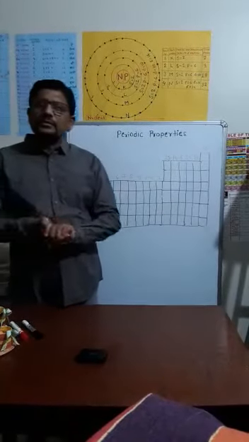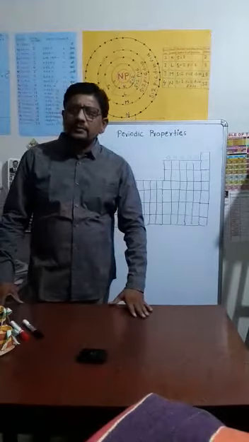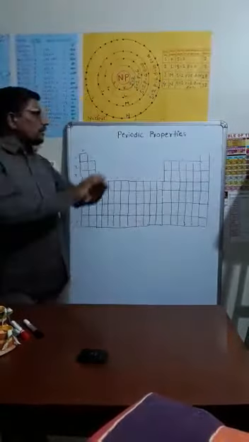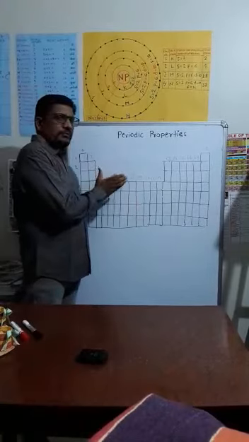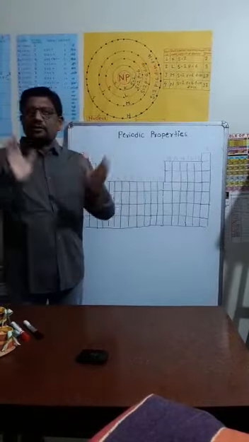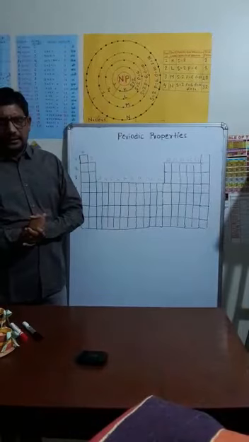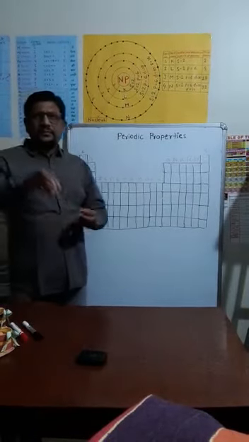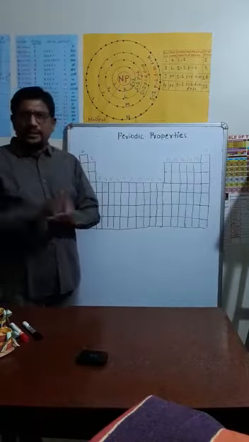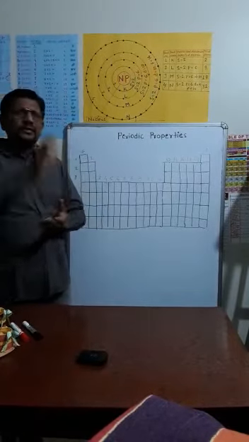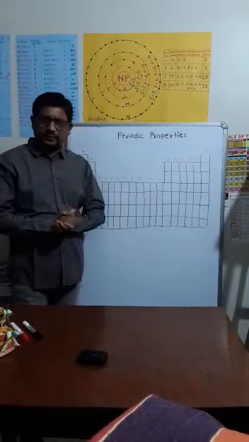Friends, you know that the field of inorganic chemistry is absolutely vast. The periodic table is included under the head of inorganic chemistry, which deals with the study of the elements and their chemical reactions and properties.